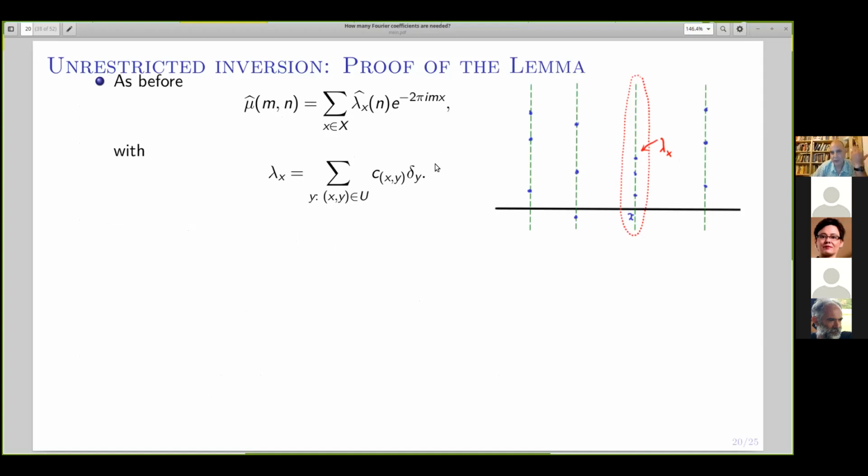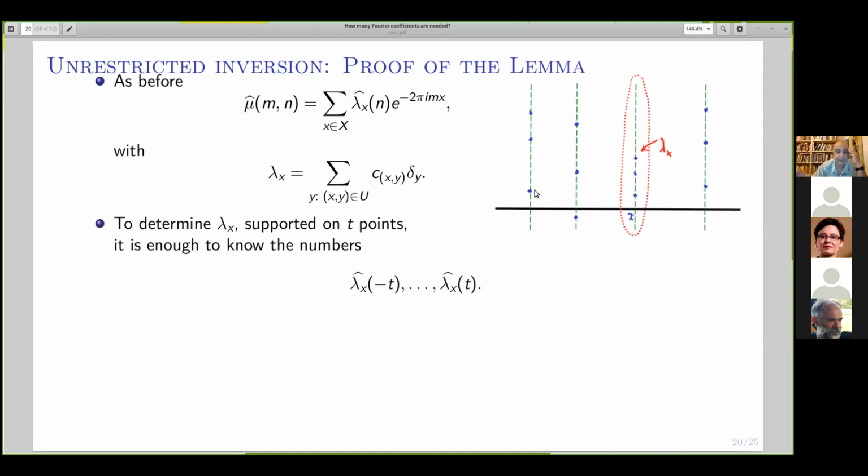And we obviously want to determine all the x's and all the measures lambda x. Now, remember, we know the locations. We know where these x's are, and we know how many points are over each of them and where they are. We only seek the coefficients, right? Okay. So we're going to determine lambda x.